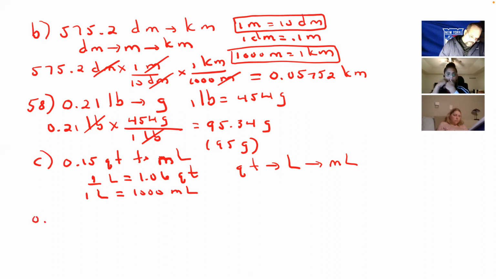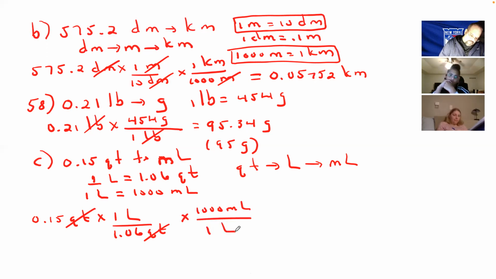So let's take the 0.15 quarts and multiply it by 1 liter over 1.06 quarts, because that's going to cause the quarts to cancel. And then I'm going to multiply that by 1,000 milliliters over 1 liter, because that's going to get the liters to cancel.